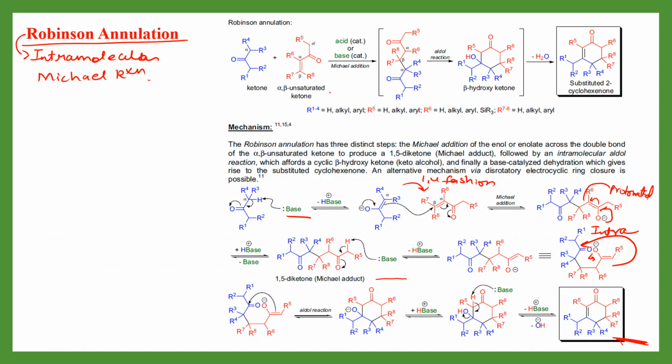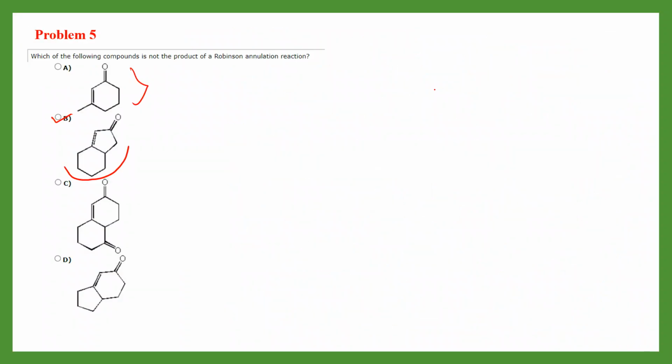So basically, you can see that the six-member cyclohexane system is a product of Robinson annulation. So this can't be possible. Therefore, this is correct because it is asking for the one that is not the product of Robinson annulation.